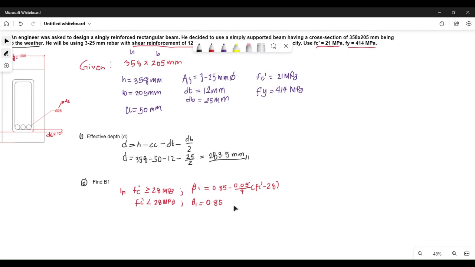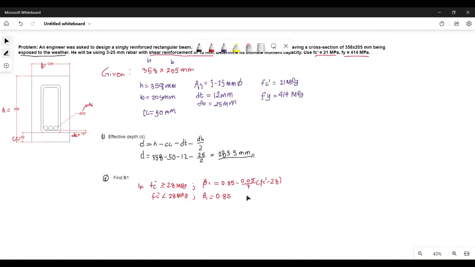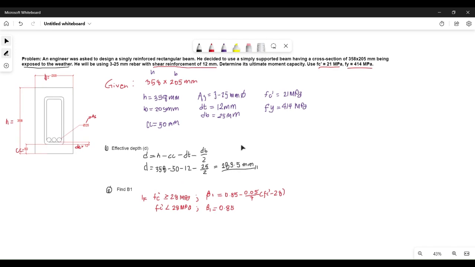Yan. Sabi sa code, upon reading our problem, it is stated here that our fc prime is 21 MPa. So nagsatisfy siya dito sa pangalawang condition. Here, our fc prime is 21, which is less than 28.